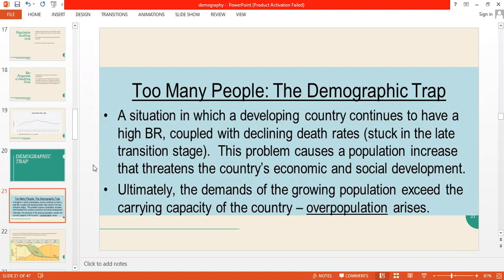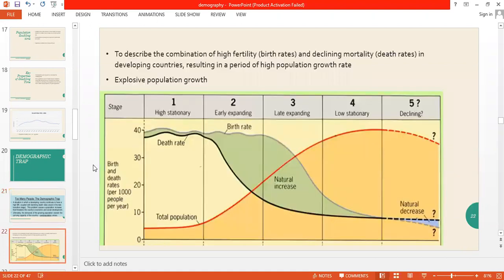Ultimately, the demand of the growing population exceeds the carrying capacity of the country. Overpopulation arises. The combination of high fertility and declining mortality in a developing country, resulting in a period of high population growth rate, is known as explosive population growth.